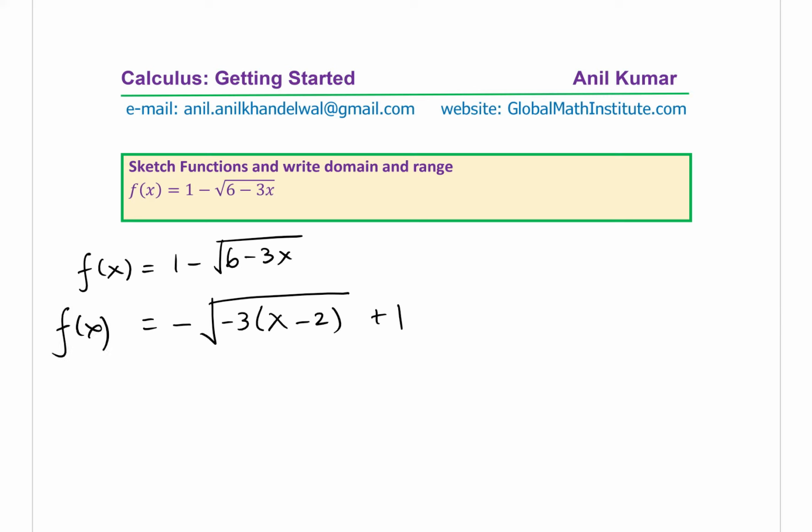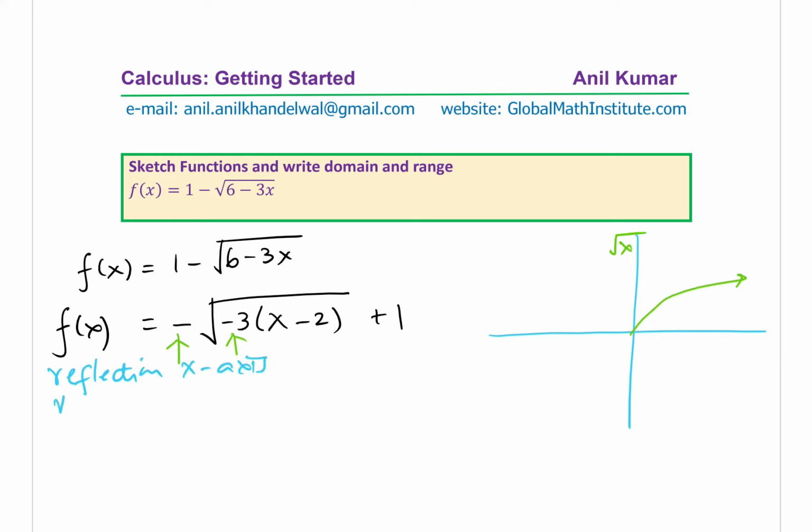Now let us see how to sketch this particular function, and then we are going to write down the domain and range. So let's begin with the square root function, right? So this is our square root function, let us say square root of x. Now to this square root function, these are the transformations applied. The first one is reflection on the x-axis.